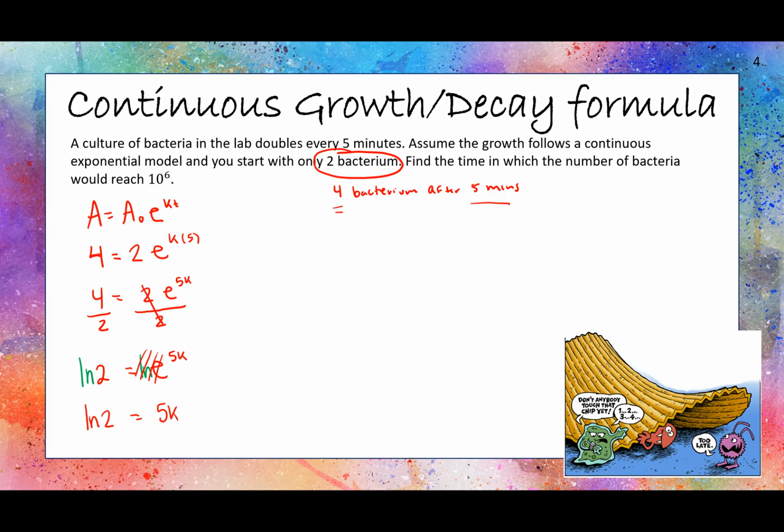Okay, so now at this point, I am going to divide by 5, and I get a k value that is equal to ln2, and again, close your parentheses after ln2, then divide by 5. I get 0.138629.